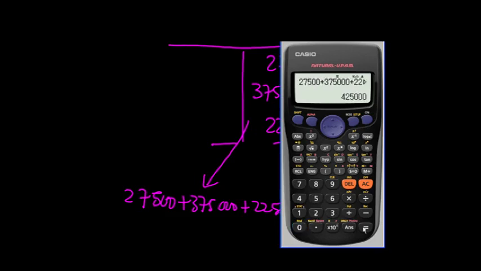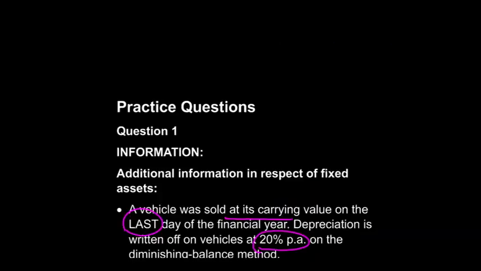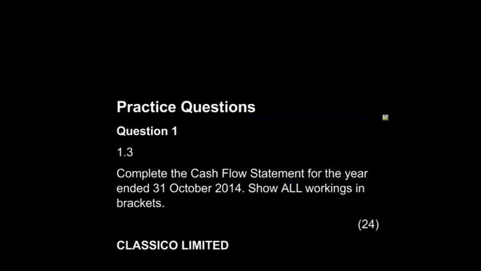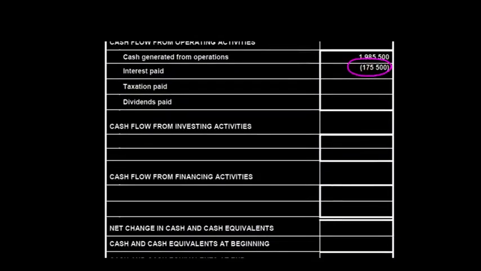This will give me a figure of 425,000. What is the 425,000? The 425,000 would be your taxation paid, 425,000 rand. And yes, what you would definitely do, you would show that calculation in your bracket.